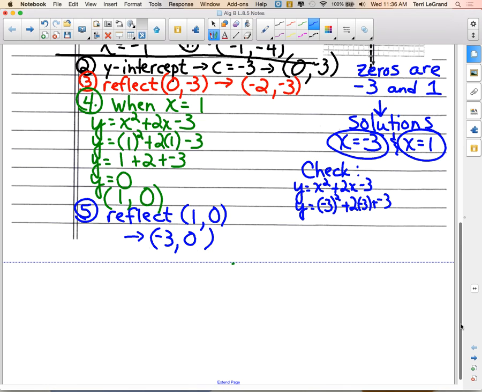If we get 0 for y. Do we really need to check 1? No. Why not? Because it was one of the points we found with algebra already, wasn't it? If we check 1, it's going to look just like what we did for our fourth point. So there's really our check for the other one.